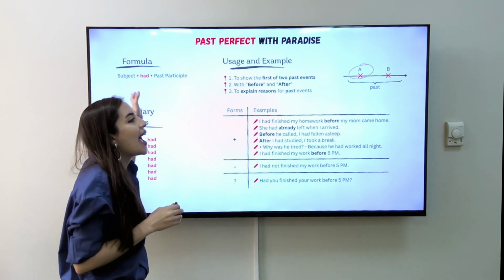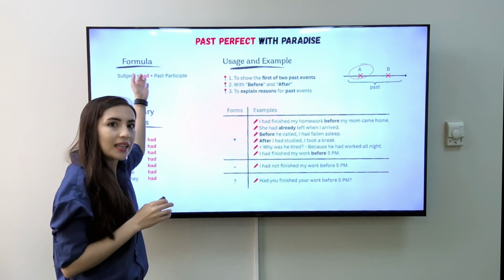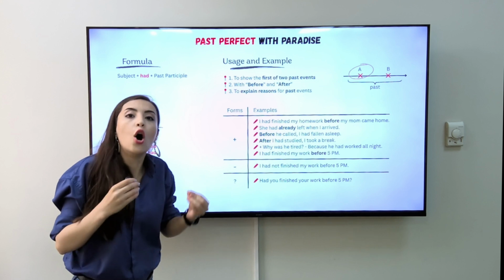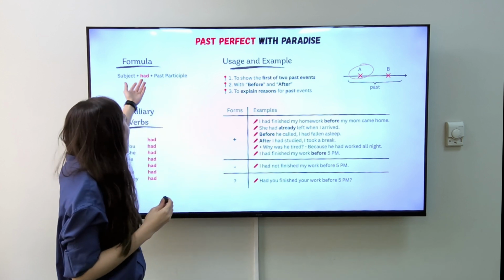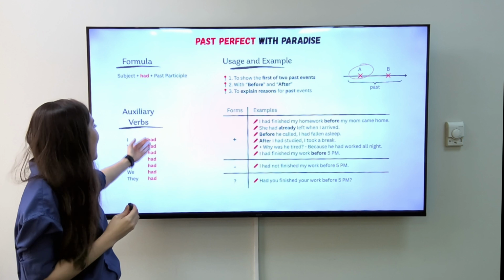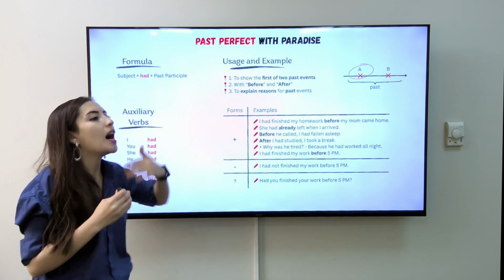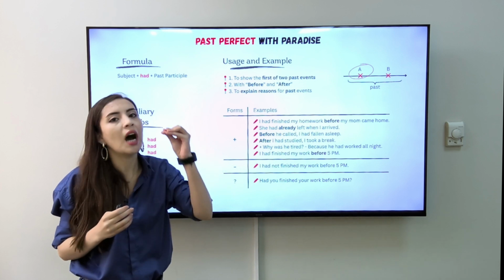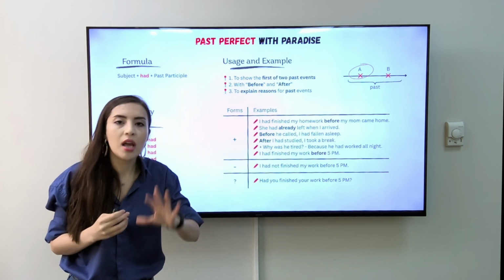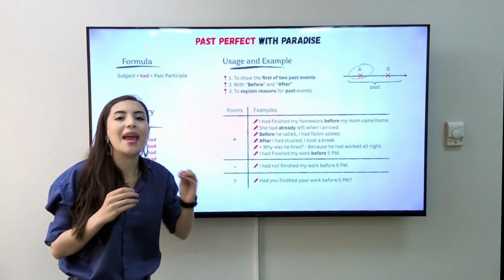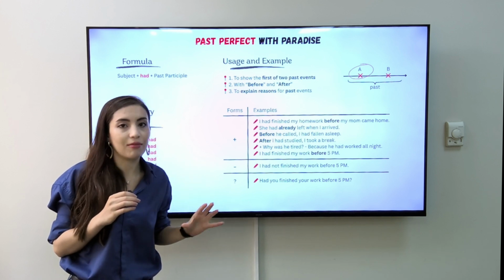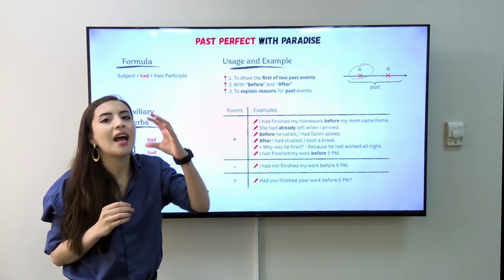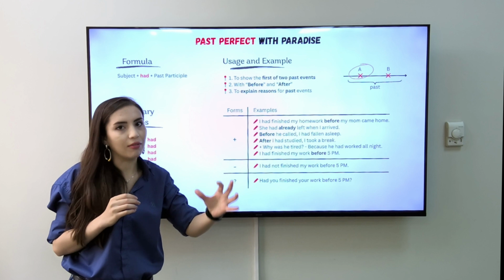And had, when we use had in here, it doesn't mean have like owning something. This is the auxiliary verb. You see, the had in here is the auxiliary verb. Remember, in the previous videos, I told you the concept of auxiliary verb. An auxiliary verb is not the main action, it is not the main verb. It's just the verb that is helping our main verb to come.